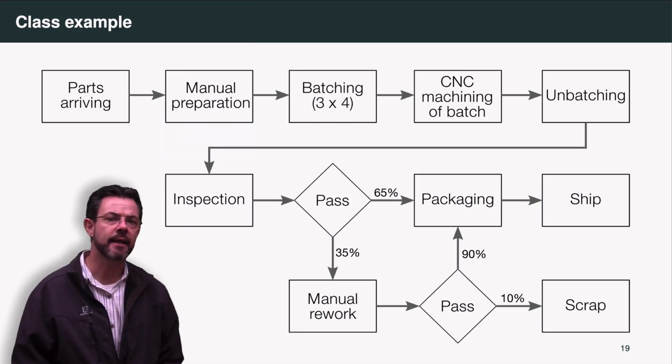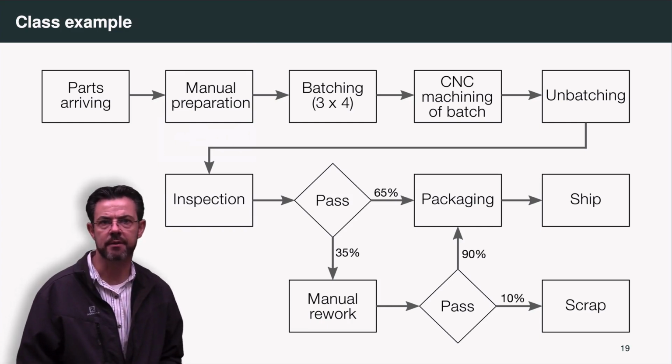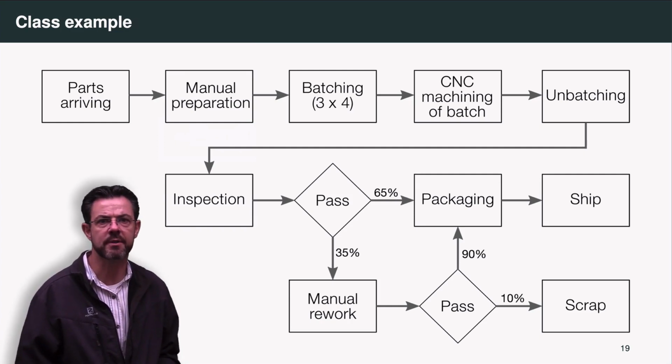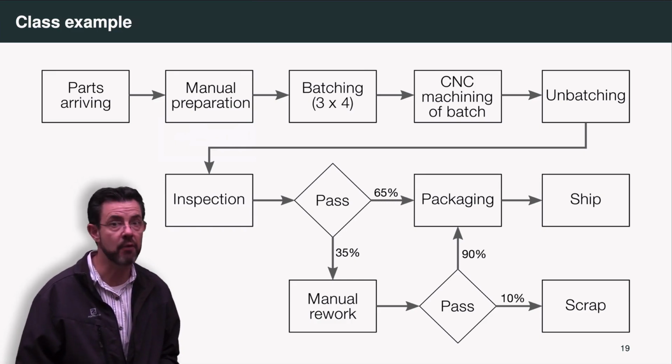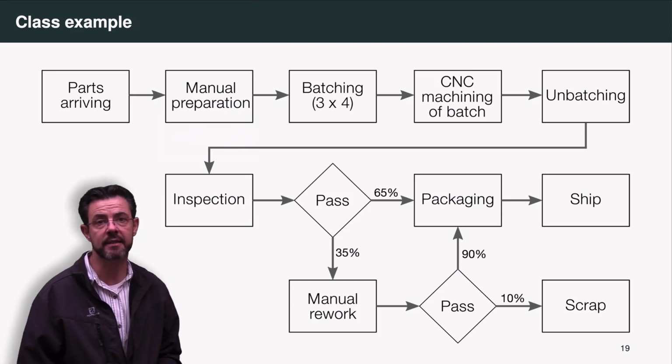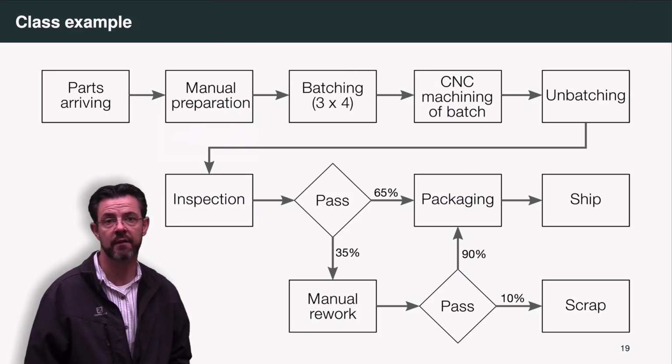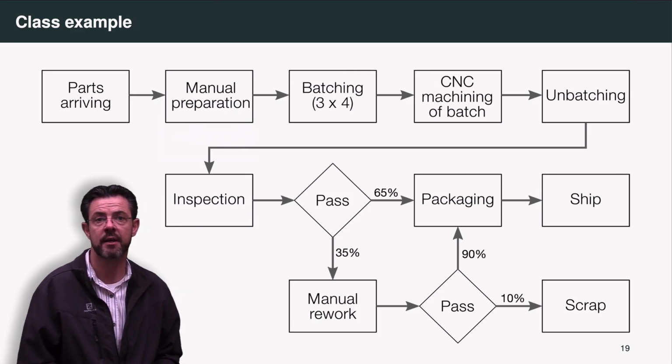So you get the idea here that there's quite a bit of randomness. The arrival rate can be random. The time that it takes to prepare the units is random. It's not 100% certain every time. The CNC machining may be very precise, but there may be some randomness in there as well. Unbatching takes some time. Inspection takes some time, which is also not 100% certain all of the time. It's also a random process.